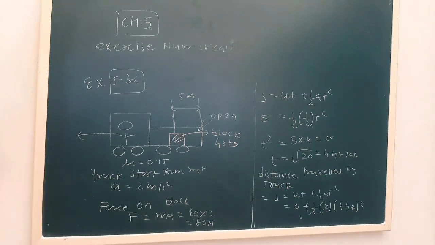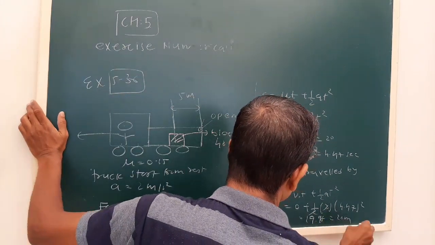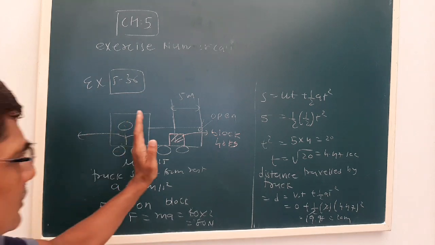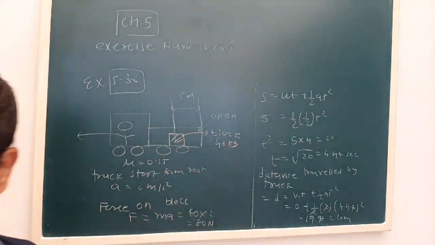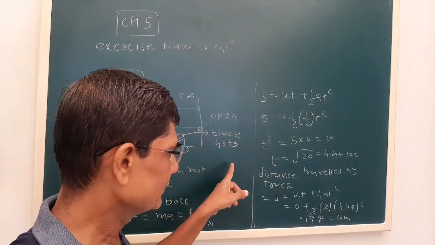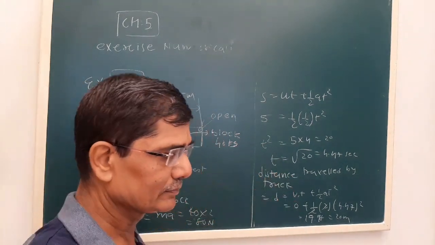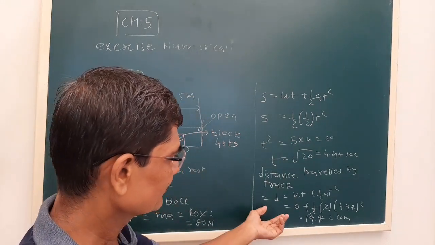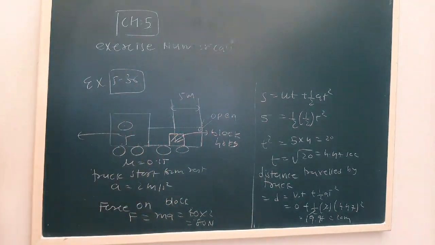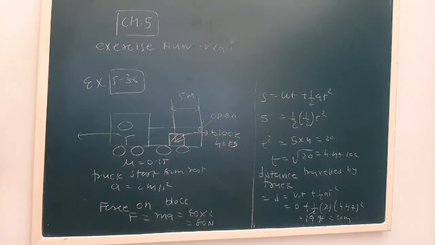So if we square this, we get 19.98 or 20 meter. So when the block falls from the rear part of the truck, the distance traveled by the truck will be equal to 20 meter. So this is about exercise sum number 5.36.